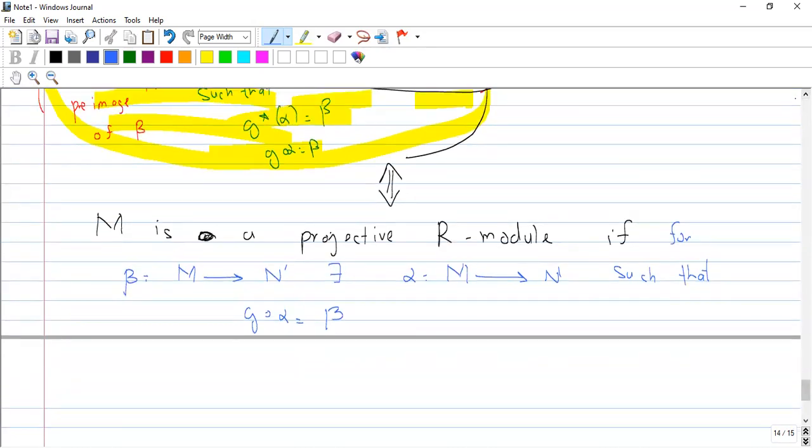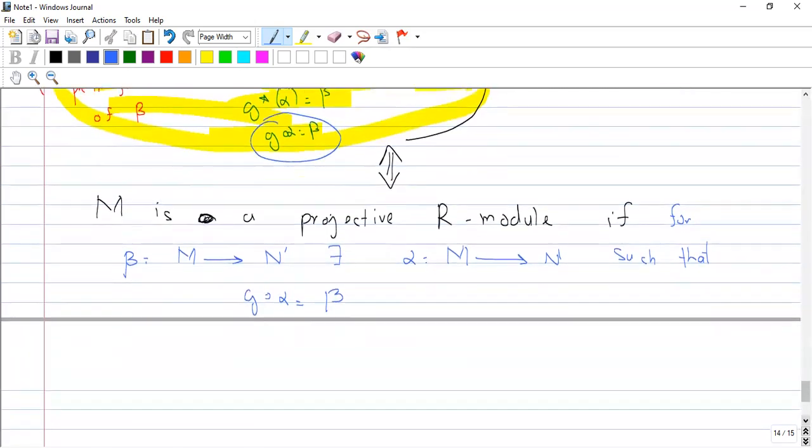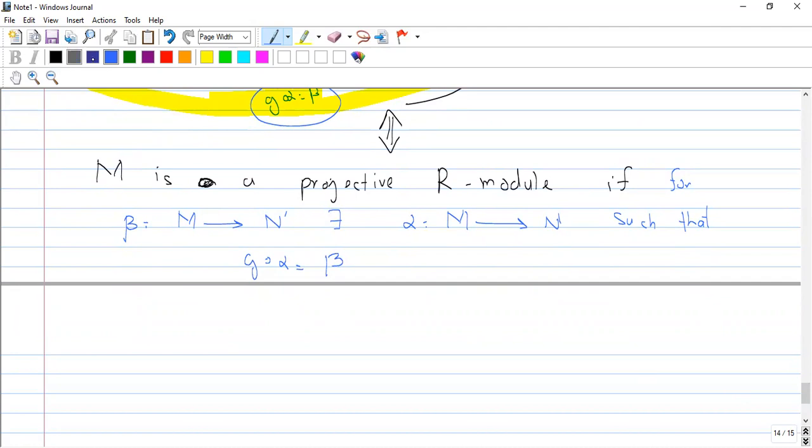So I have just written the same condition, the one highlighted in yellow above, here: whenever we have a beta from M to N dash, there exists alpha from M to N such that G composition alpha is equal to beta. If I write this in the form of a diagram, it looks like this: whenever we have a map from M to N dash, let's say this map is equal to beta.